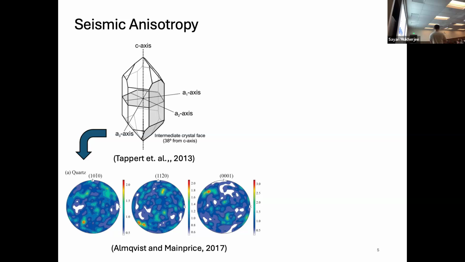When these minerals aggregate together to form a rock, they can exhibit either a random distribution or a preferred orientation distribution. Here is just an example where these three correspond to different principal axes of the mineral, and the result shows it's actually distributed pretty randomly.